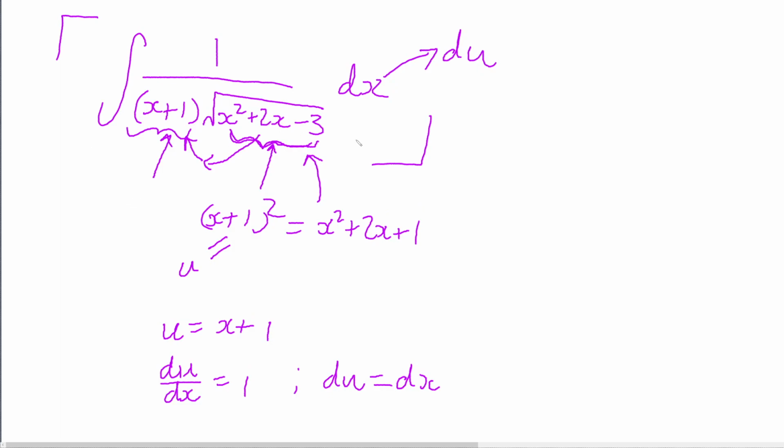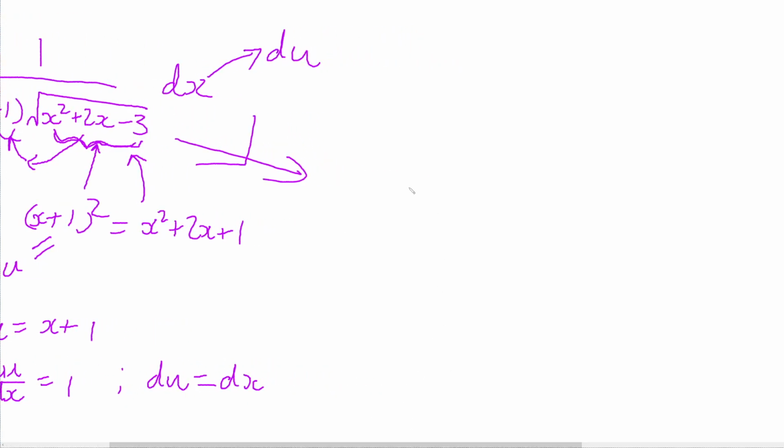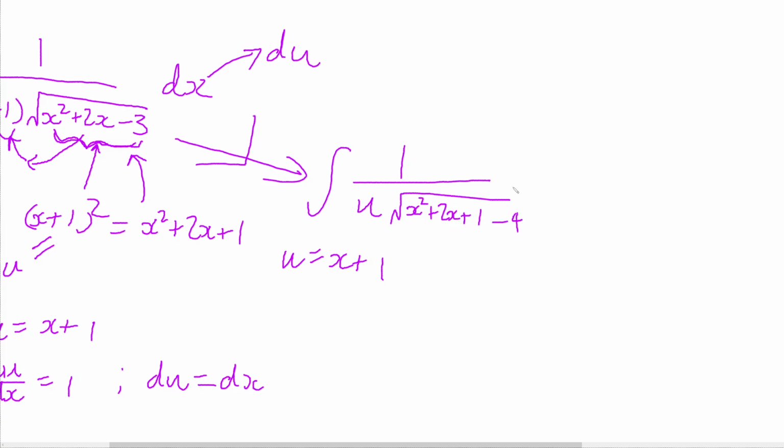So let's put this with the square root term in completed square form, letting u equals x plus 1 as our first layer of u-substitution, or variable substitution. Naturally, that x plus 1 bracket term on the left side of the denominator just goes to u, whereas this thing inside here, we can rewrite as x squared plus 2x plus 1 minus 4.